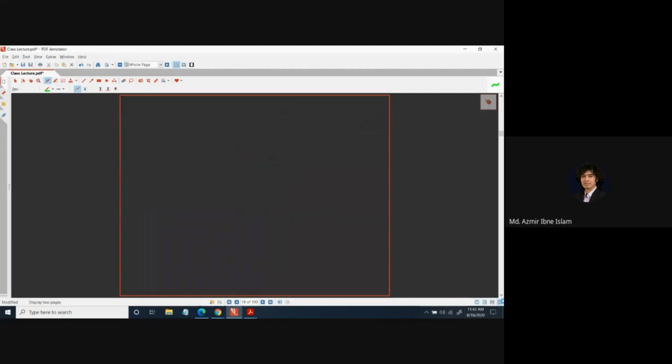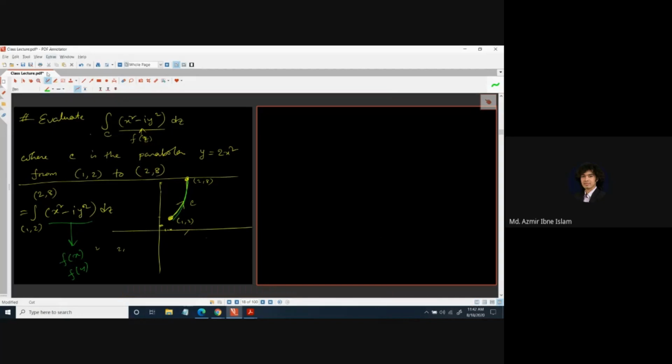So let's figure out the limit at first. In step 1 we have to find the limit. So we have the points 1, 2 and 2, 8. Here we have x equal to 1 and y equal to 2, and x equal to 2 and y equal to 8 for the second point.